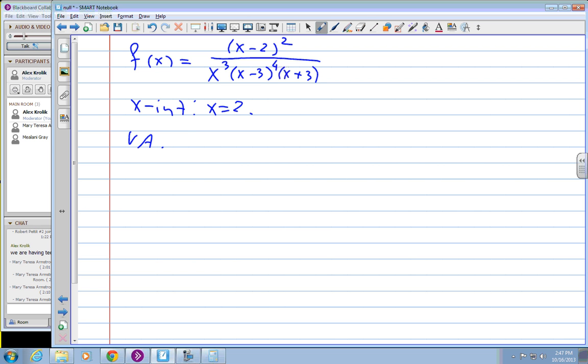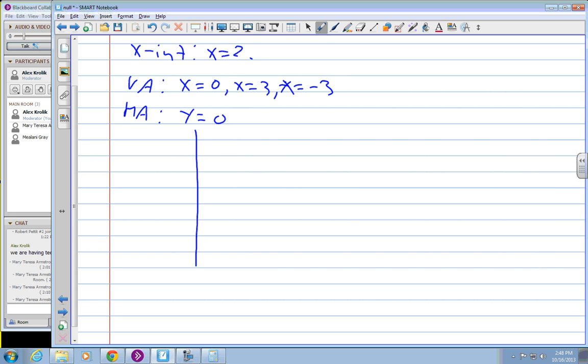The vertical asymptotes are still x equals 0, x equals 3, x equals negative 3. And the horizontal asymptote is still y equals 0 because the degree of the denominator is 8 and the degree of the numerator is 2. So it still has the same asymptotes and the same intercepts.